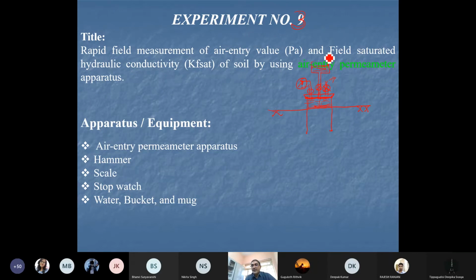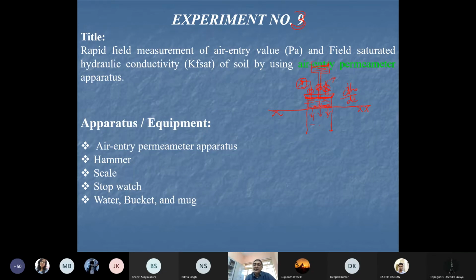Supply of water is maintained at a head initially, to find out the infiltration or rate of entry of water in this soil sample. So we are first measuring the rate of entry of water or infiltration, that is, the rate at which the head is decreasing per unit time, ds by dt.